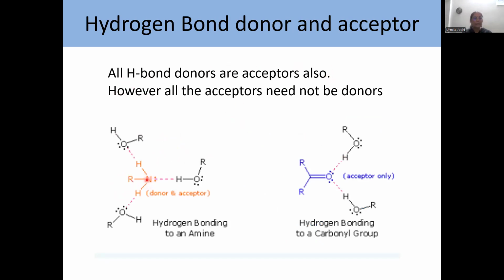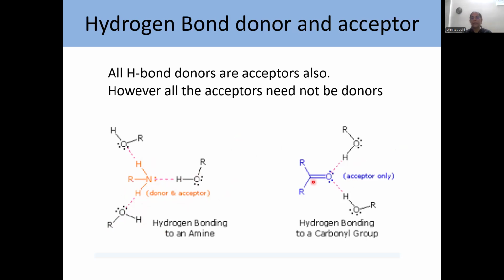Look at this, the NH2 group, or RNH2. This is an amine. This NH is a hydrogen bond donor, so it has formed a hydrogen bond with a water or alcohol molecule. But this N can also act as an acceptor because it has a lone pair of electrons, or more electron density, and therefore this RNH2 is a donor as well as an acceptor.